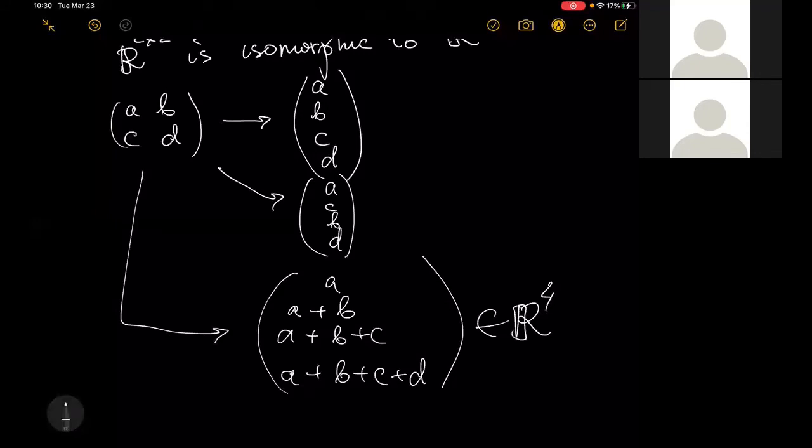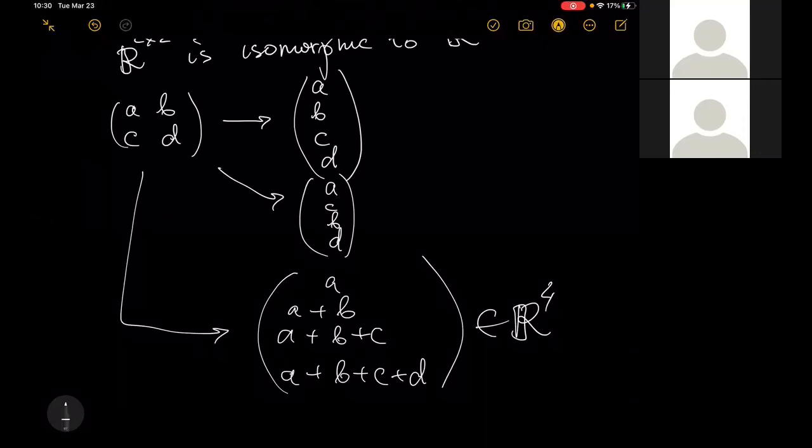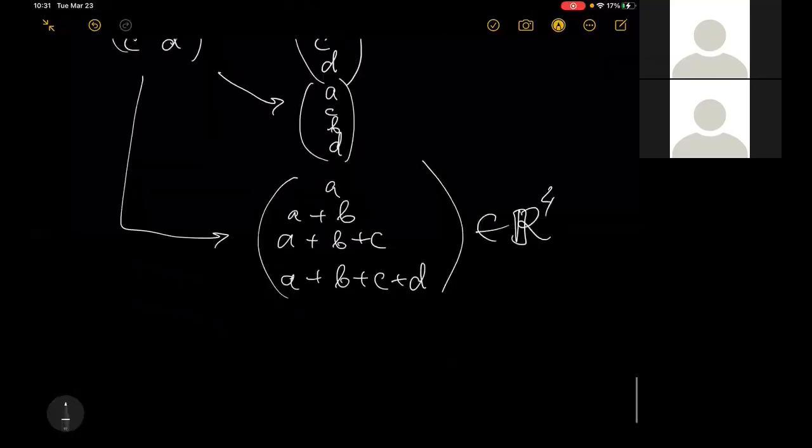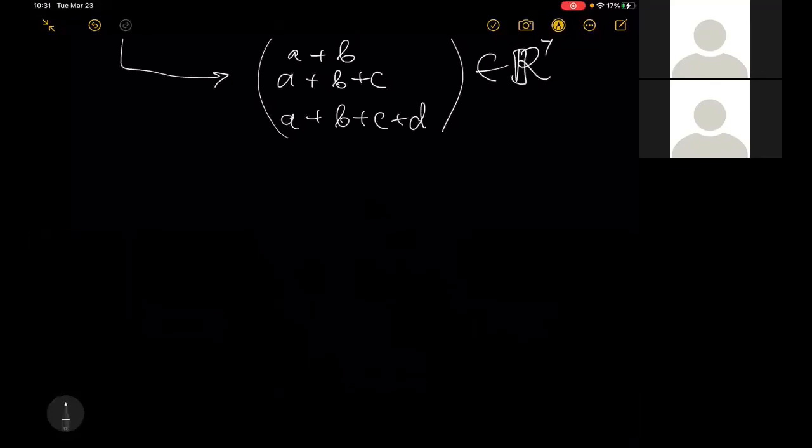But if you start from 4-dimensional vector space, isomorphism can bring you only to the R4. I mean, to another 4-dimensional space. You cannot get in 5-dimensional space or 3-dimensional space. Exactly the same dimension. Is it clear or not? Any questions? Okay.